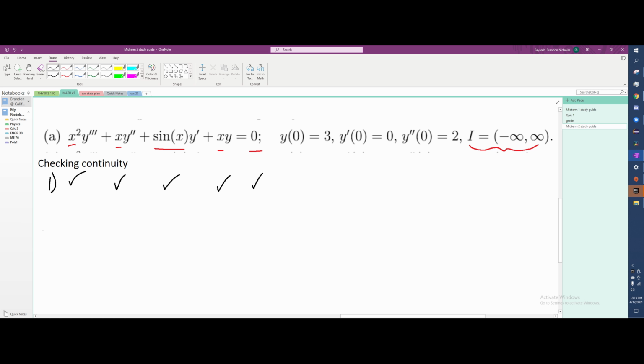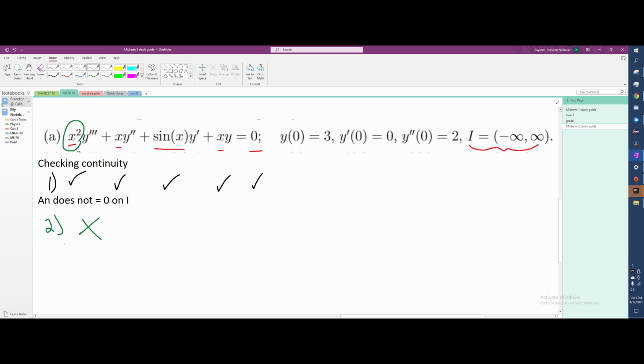Our second test is we need to make sure the first value in front of y does not equal 0 on the interval. Well, if we look at it, the interval goes from negative infinity to infinity. That means that it does hit 0. So it fails this test.